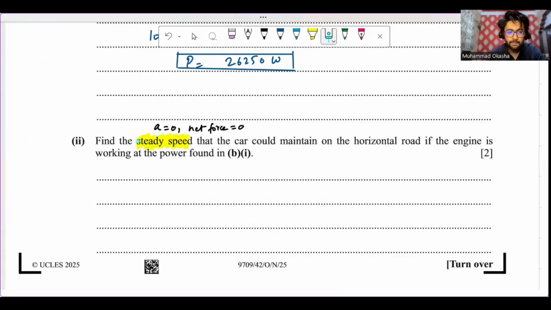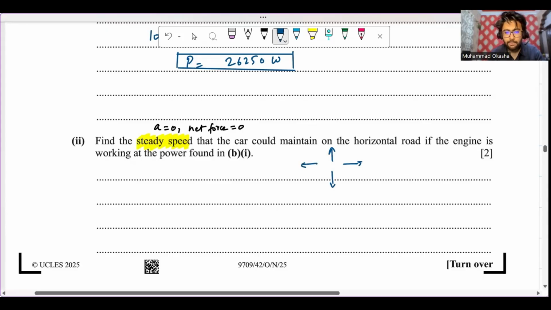Net force is zero, which means forces up equal forces down, and forces on the left equal forces on the right.